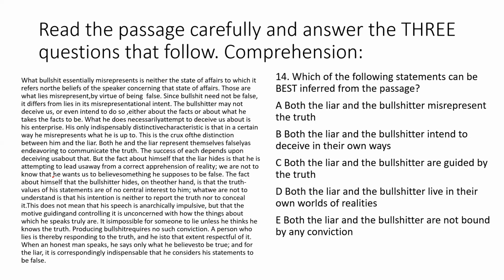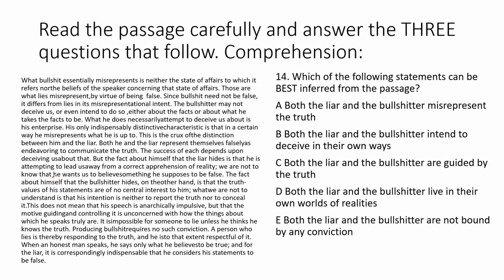Option A, if we go by this, it says both the liar and the bullshitter misrepresent the truth. If we understand, the author stated that the bullshitter attempts to deceive us about his enterprise, or what he's up to. But the liar attempts to deceive us by attempting to lead us away from what he supposes to be true. So both do deceive, but in their own way.